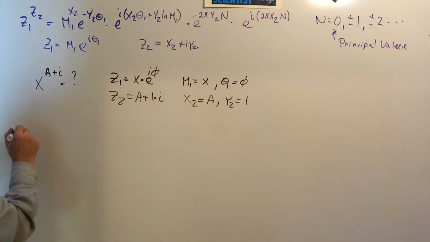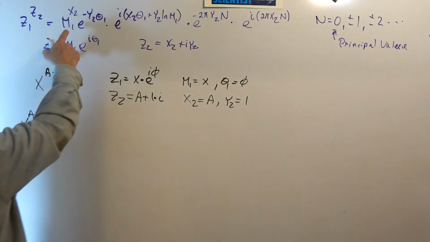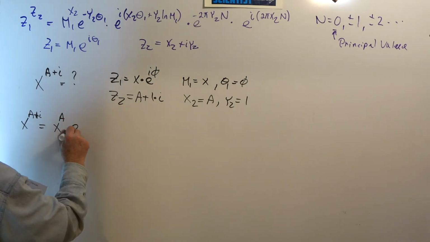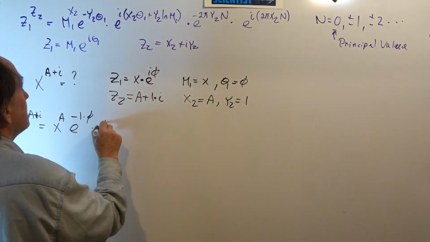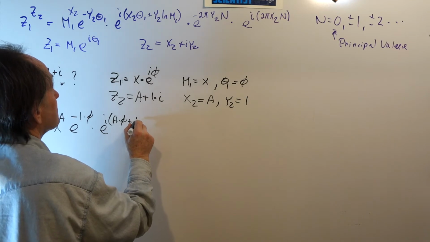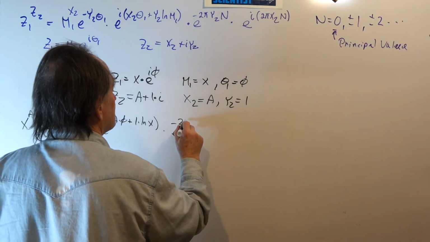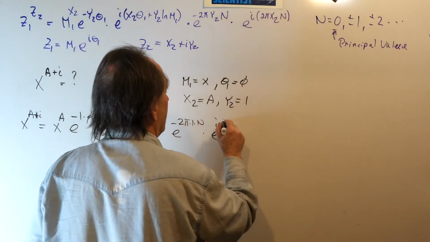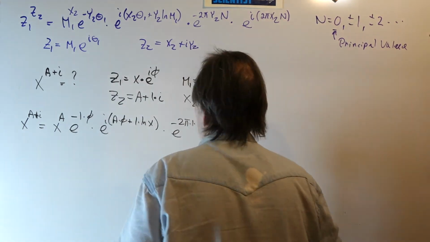So now we put in our values. x to the a plus i becomes m1 to the x2 power. m1 is x, to the x2 power, a, times e to the minus y2, which is 1, times theta 1, which is 0, times e to the i, x2 is a, times theta 1 is 0, plus y2, which is 1, times the natural log of m1, which is x, times e to the minus 2 pi, y2 is 1, times n, and the last factor, e to the i 2 pi, x2 is a, times n.